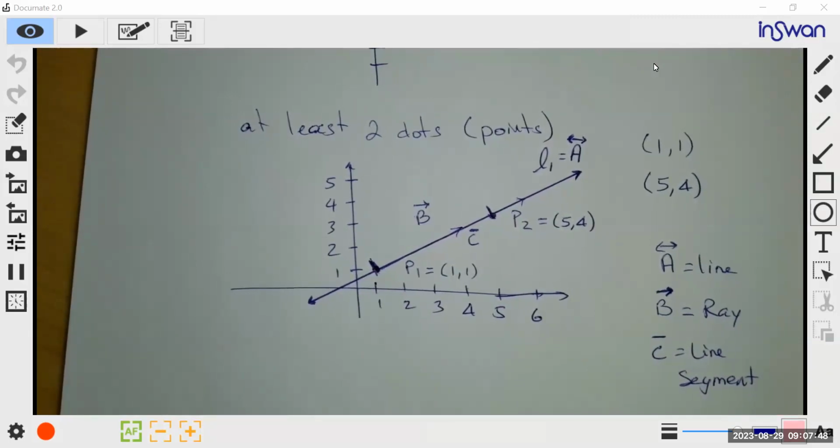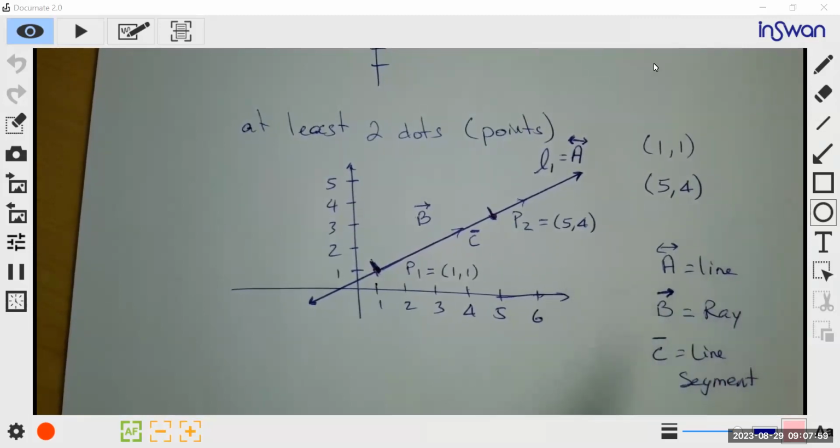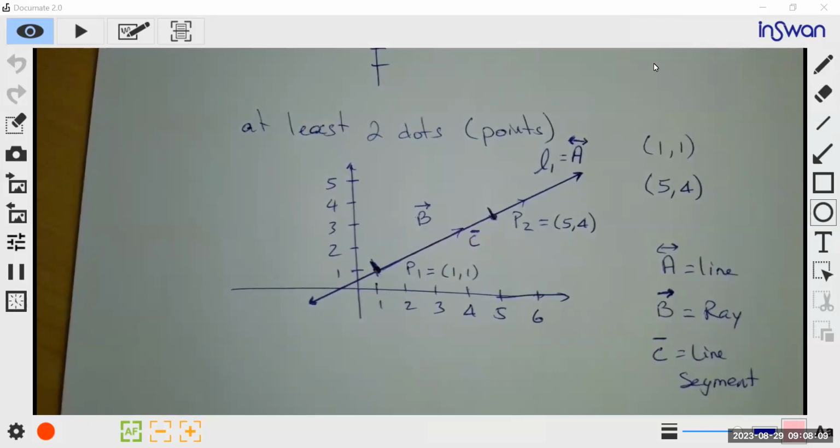It's finite in distance. So a ray starts at a point and goes on infinitely. A line segment starts and ends at points, and a line just goes on infinitely in both directions. How many of y'all heard those before? I know everybody has. Again, in this course, you're going to remember a lot of stuff that you don't remember hearing about.